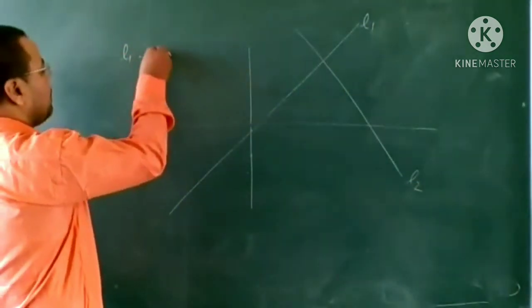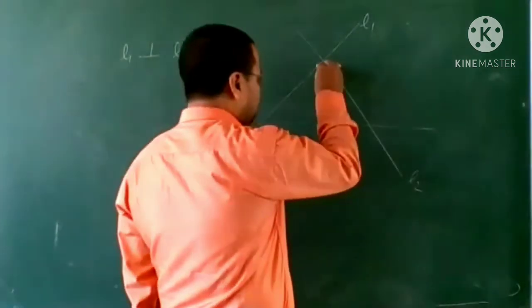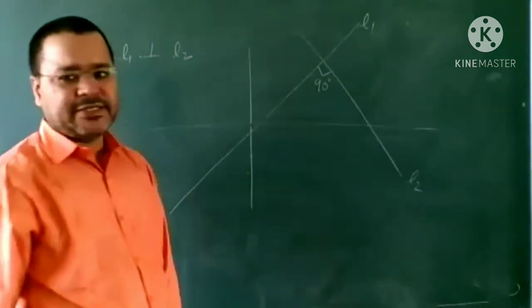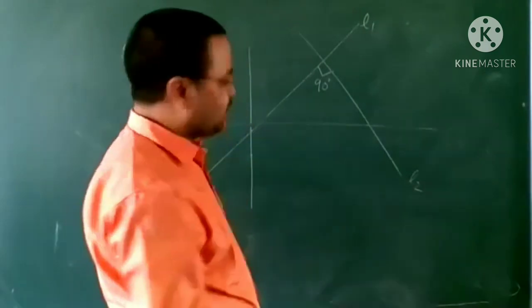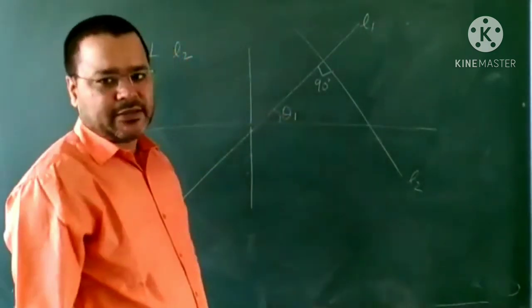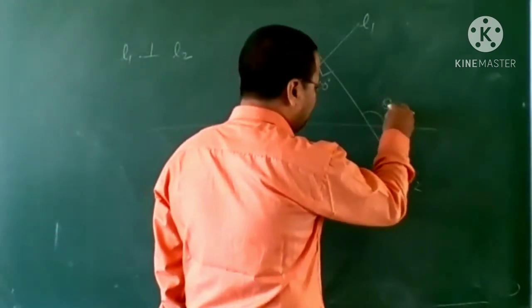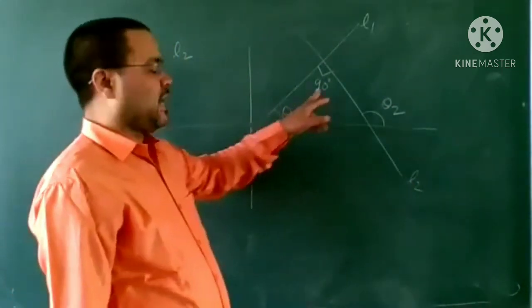Line L1 is perpendicular to line L2. So here if these are perpendicular, then this will be 90. And let this value be theta 1. Then let this value be theta 2. This is theta 1, 90 degree.